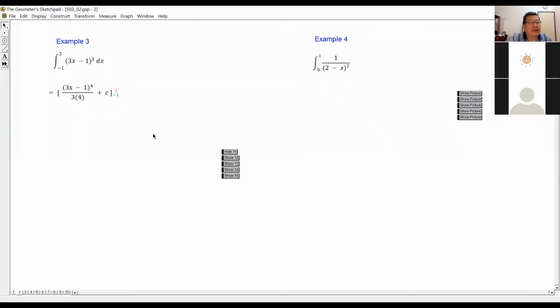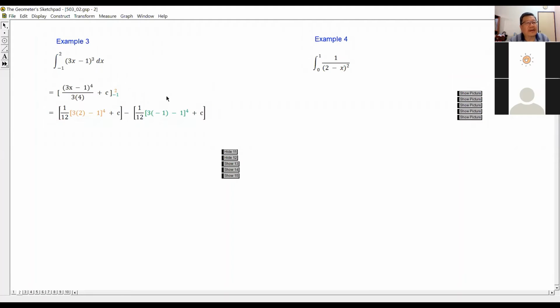So what is the next step? Now this 3 times 4 is actually 1 over 12. When you substitute 2 inside the function, it becomes 3 times 2 minus 1, then the whole thing raised to the power 4. This is the first bracket.